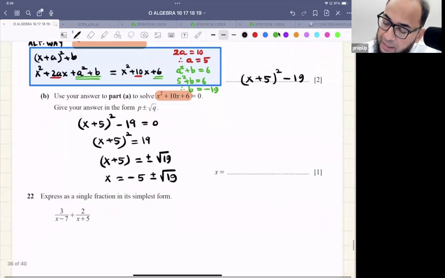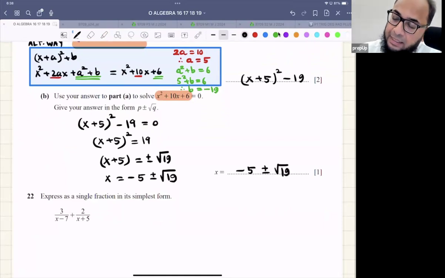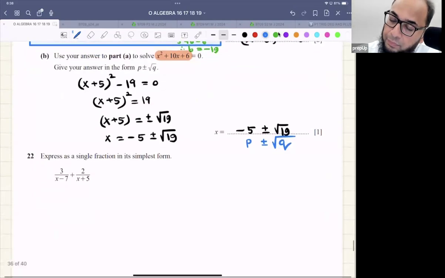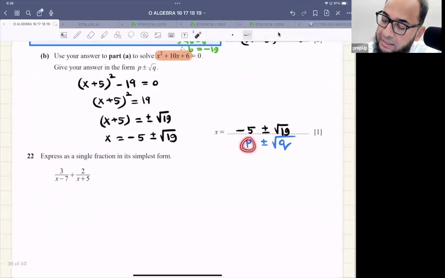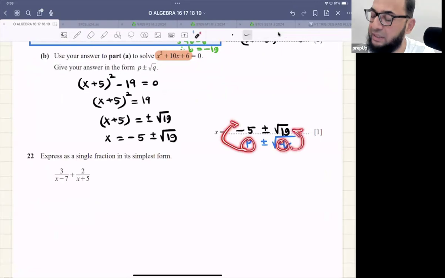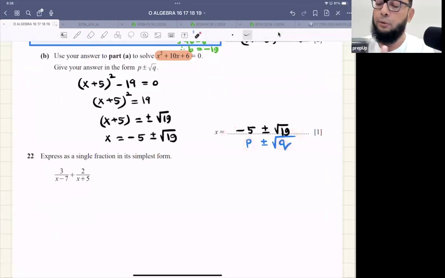So the answer is in this form, of the format p plus minus root q. So what is p? If they had asked me separately, I'd say p is negative 5 and q is 19.